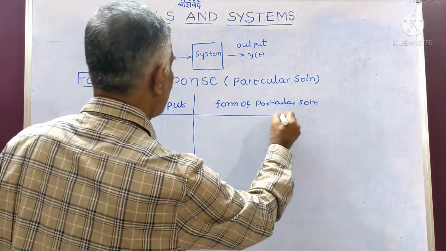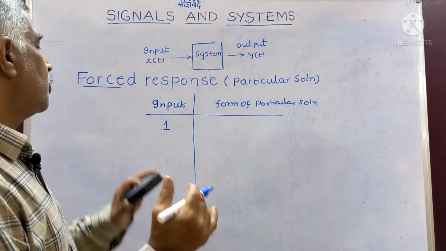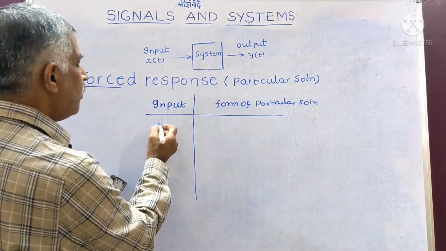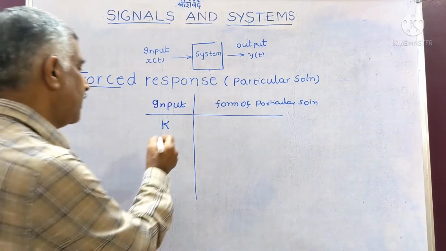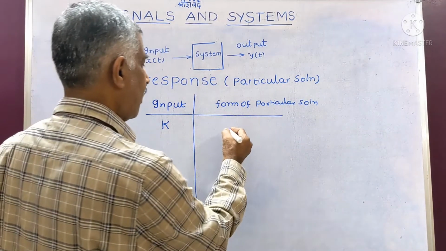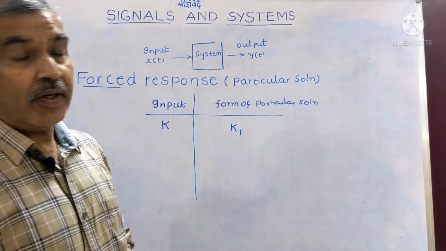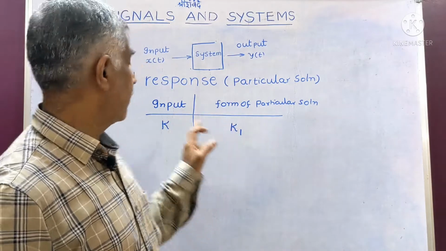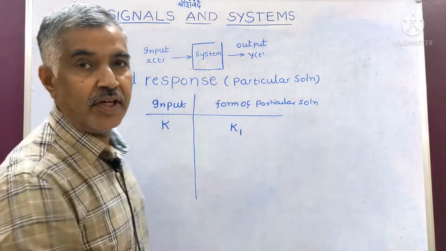If the input is a constant, like 1 or u(t), so here I will write, if the input is a constant k, then the particular solution is of the form k1. Keep in mind that k1 is different from k. Even if it is a step function, it is k1.